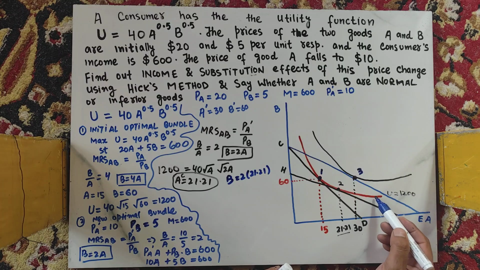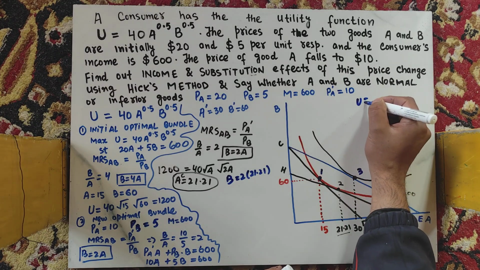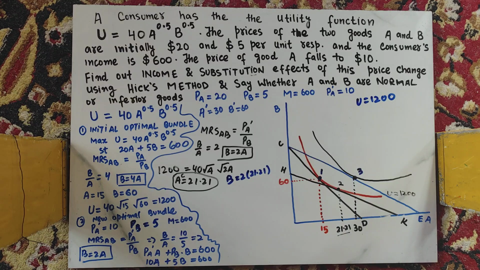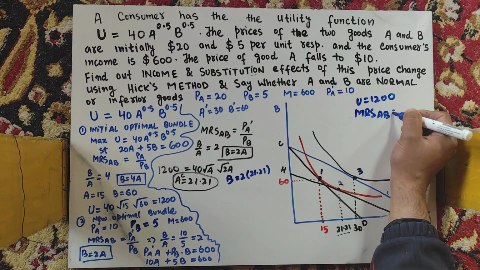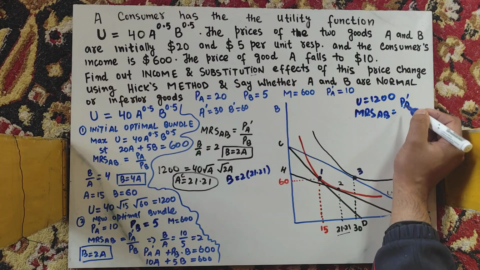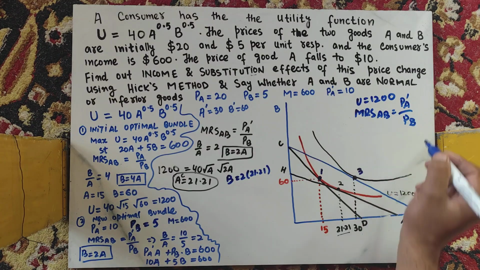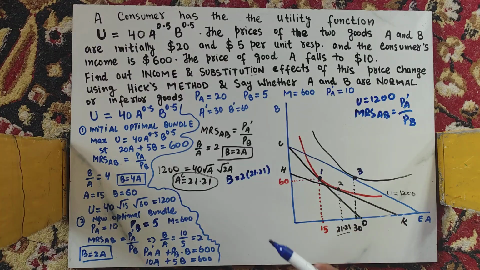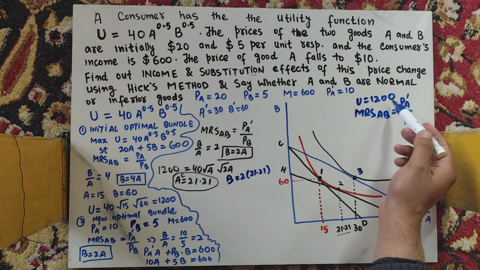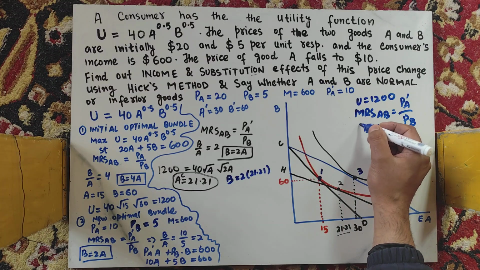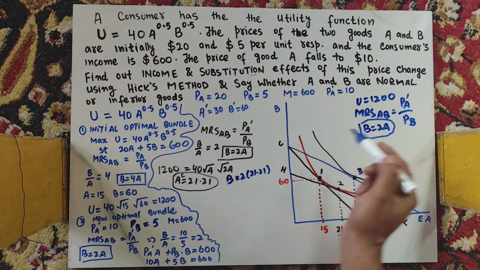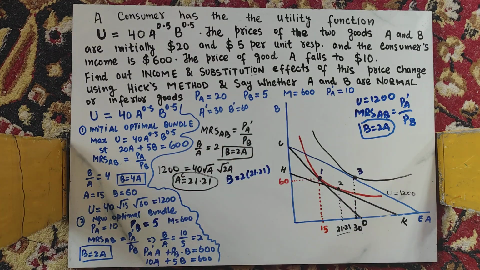We held utility constant and equated MRS between A and B at new prices, price of A prime divided by price of B. When we solve this, we got B is equal to 2A. Then we plug this value B equal to 2A into this function to get the compensated bundle here.